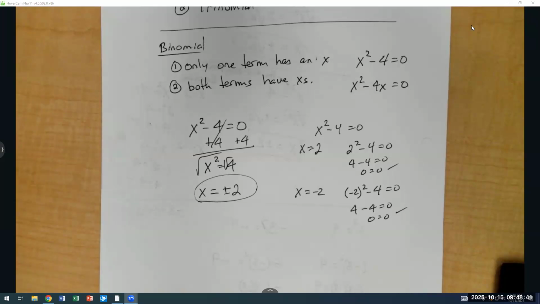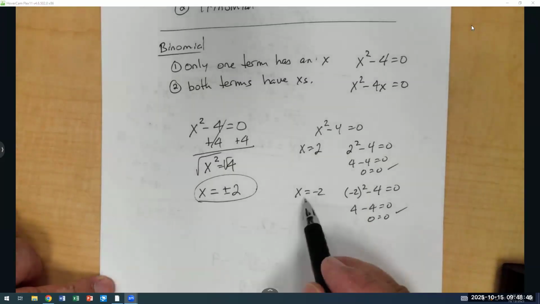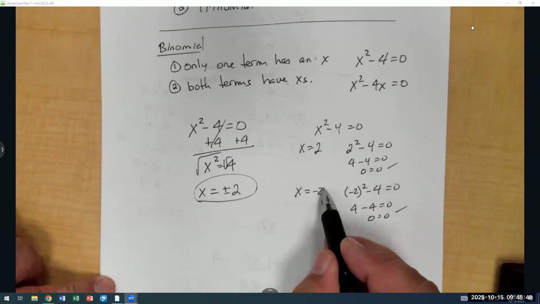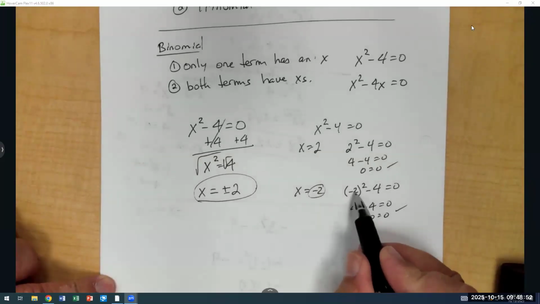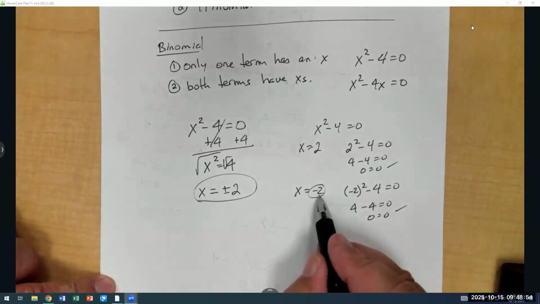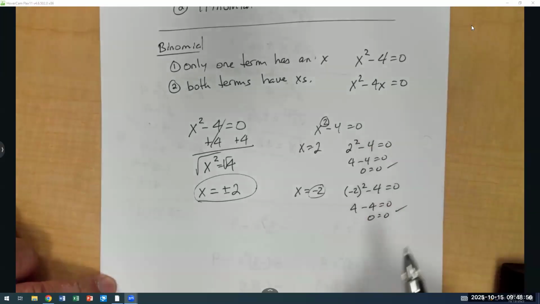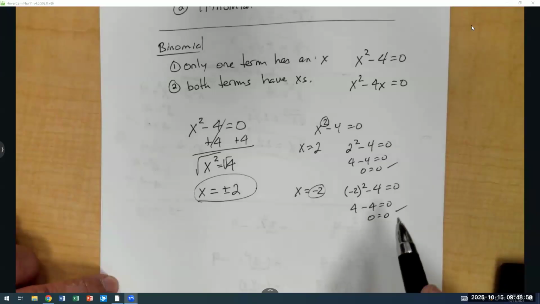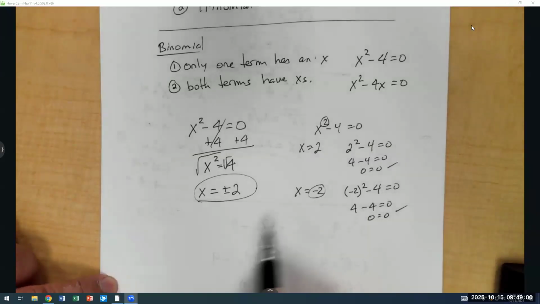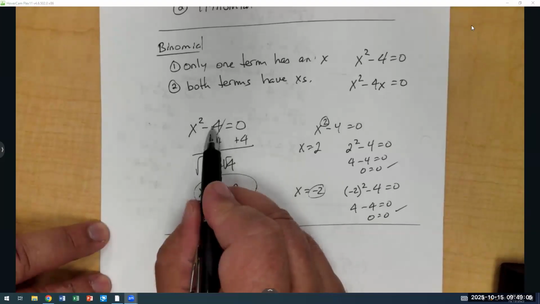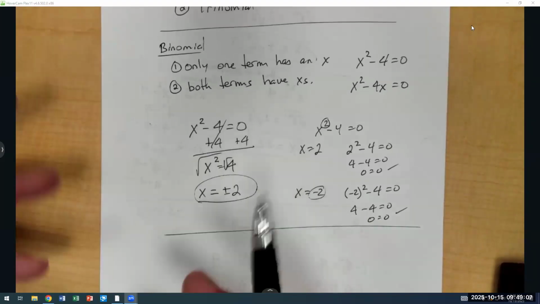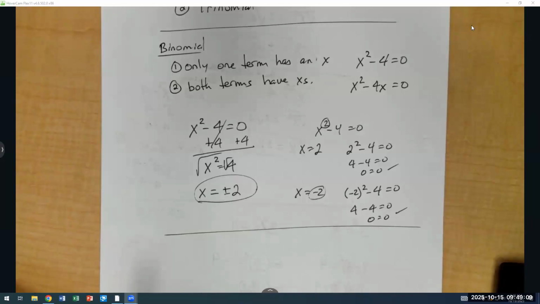You notice what I did with the second one. Whenever you plug in the variables, if you have a negative variable and you plug it into the equation, put it in parentheses, because this whole number is squared. Make sure you put it in parentheses. So if only one term has an x, then we will use the zero product principle.